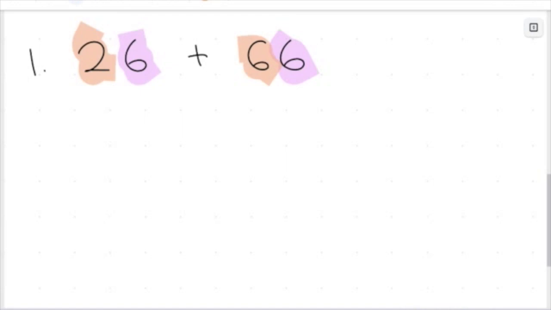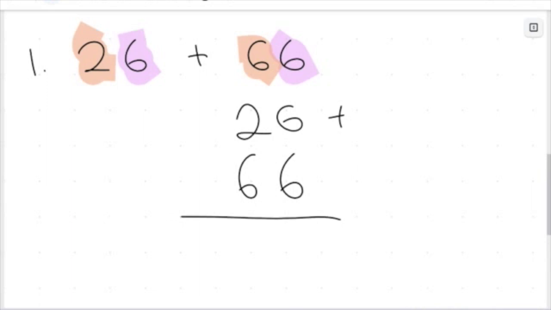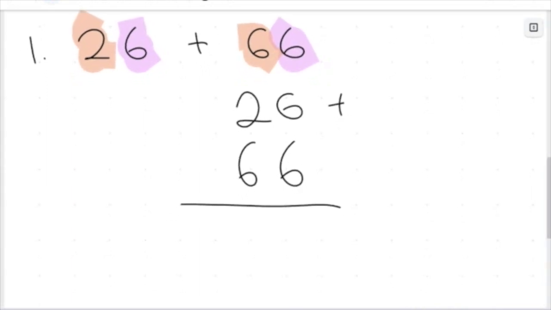Now, to better visualize this, I'm going to represent these vertically. So here they're horizontal. They go from left to right. I'm going to stack these. So I'm going to say 26 plus 66. And I want to find an answer down here. So from here, I'm going to basically add the digits.